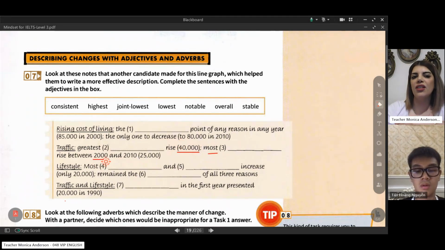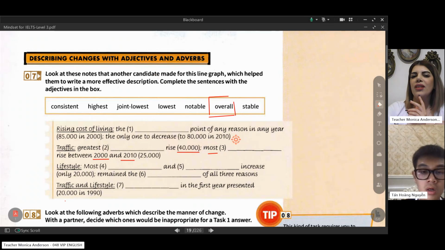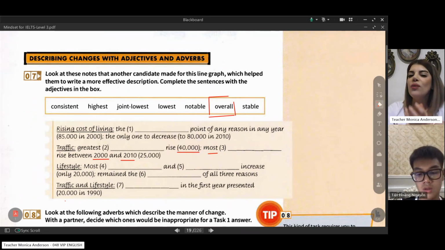The most rise between 2000 and 2010 is 25,000. So we need a word like whole, like totally. What do you think about the word overall? Traffic, greatest overall rise, 40,000. Most, okay, most what?